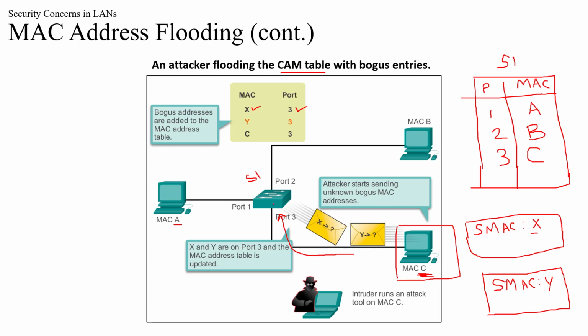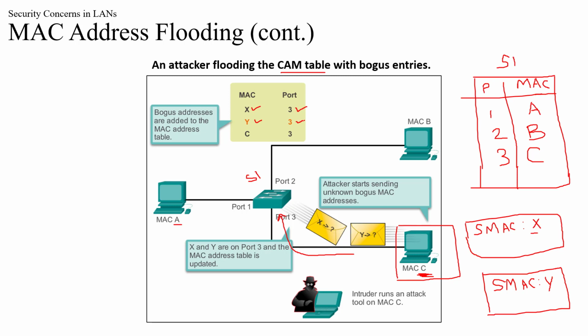So the switch is learning. Now the switch is opening the frame. It is written Y. Now your switch is going to update your switching table, or CAM table, or MAC address table. So Y is connected in port 3.